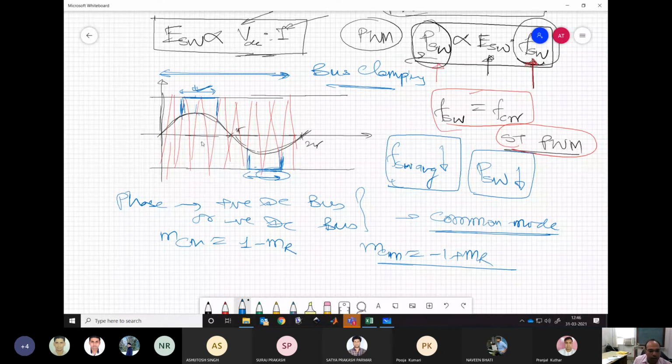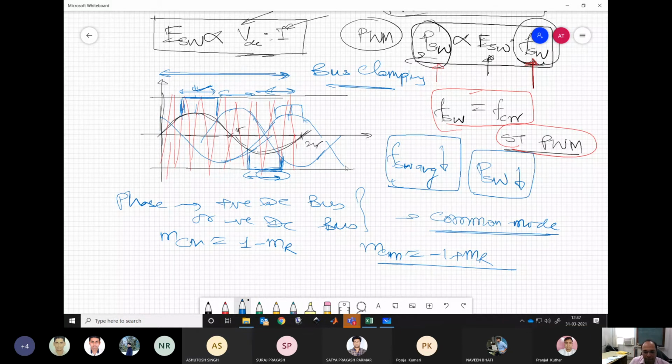So similarly, we can have other phases also, and different durations we can have for all the three phases where they will be getting clamped. So for different ranges, we can have different modulating signals. Is there any confusion in that? No, sir.